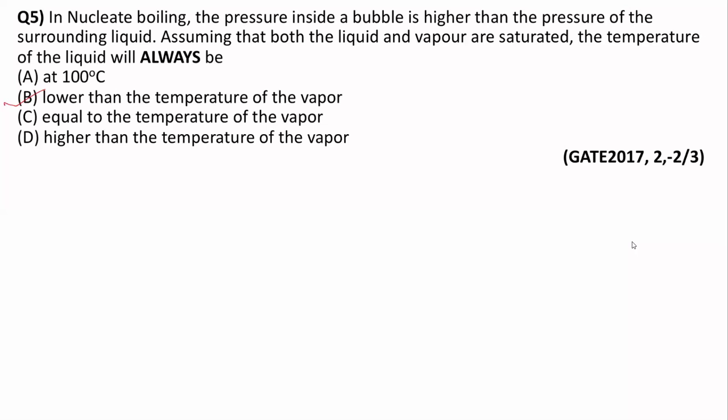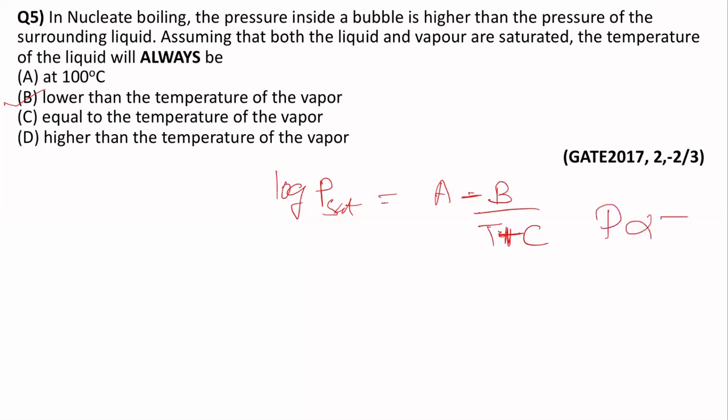So log of P sat is equal to A minus B by C plus T. It says that P is proportional to T.